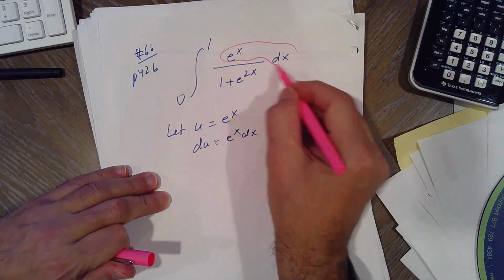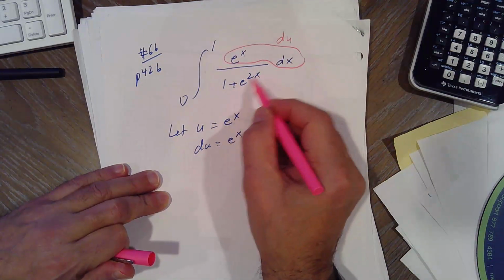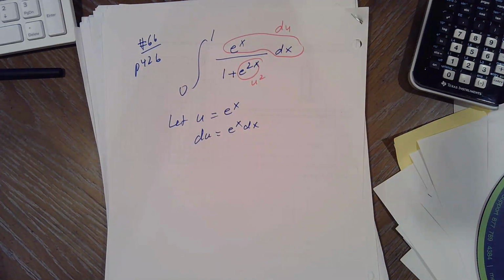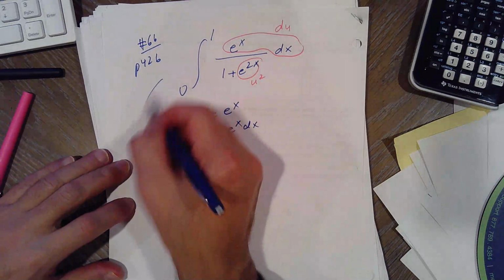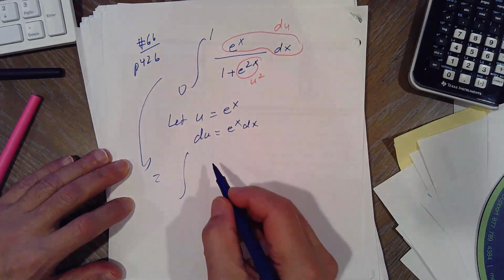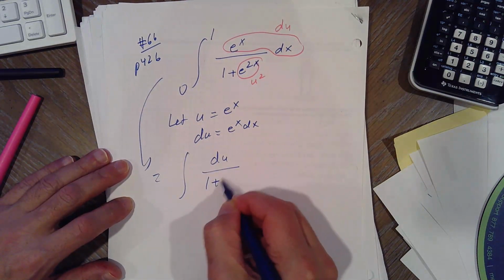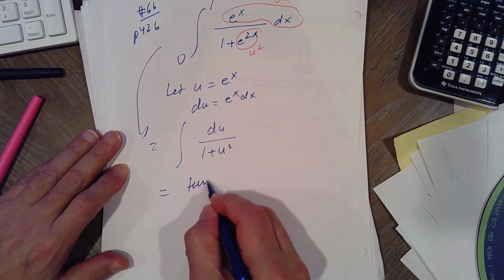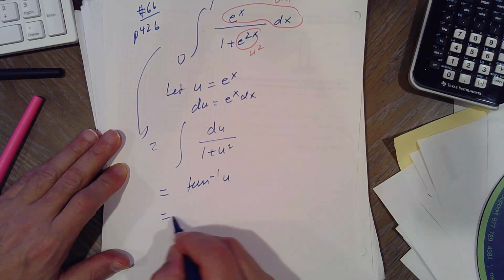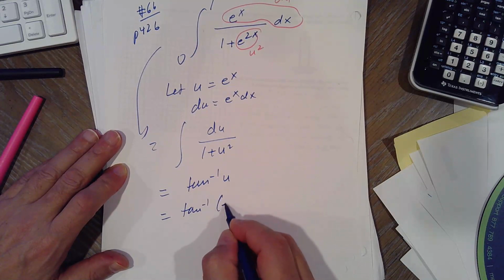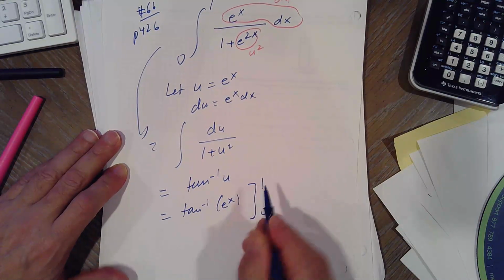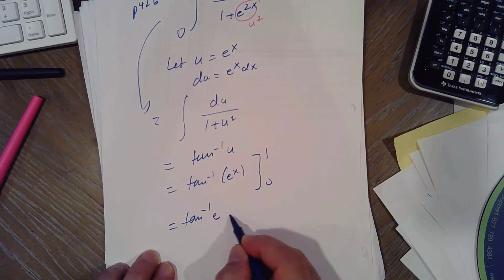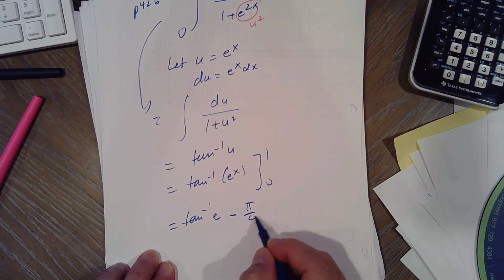So this would be du, and that would be u squared, and that's going to be arctangent, or tangent inverse. So this is going to equal the integral of du over 1 plus u squared. Notice I skipped the limits now, so it's tangent inverse u, which would be tangent inverse e to the x. Now I bring the limits back, so it's tangent inverse of e minus tangent inverse of 1, which is pi over 4.